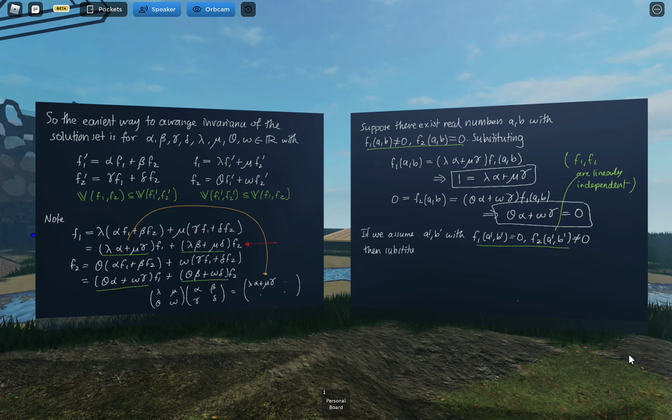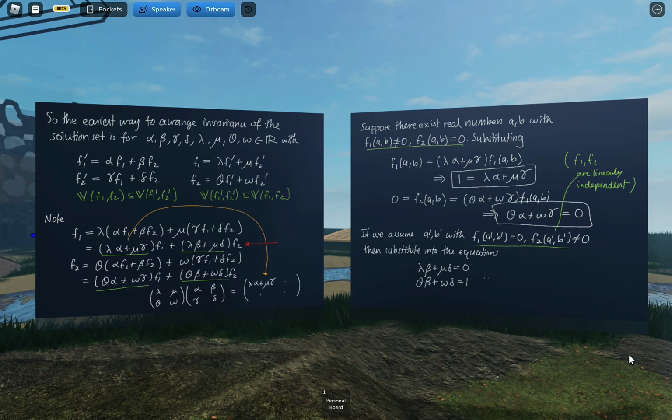And if I substitute into the equations again, what I end up with are the following two additional equations. Lambda beta plus mu delta is equal to 0, and theta beta plus omega delta is equal to 1.